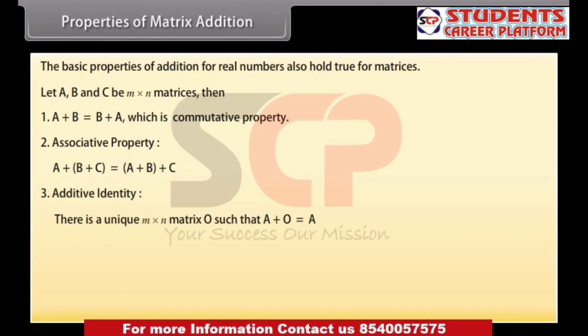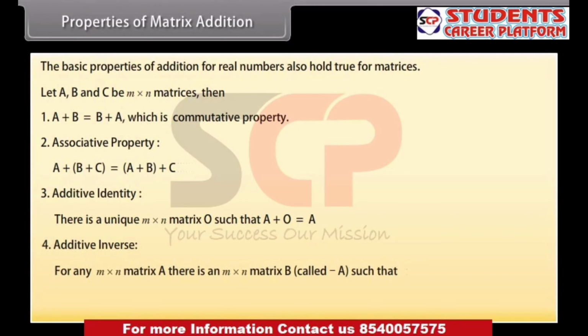There is a unique m by n matrix O such that A plus O is equal to A. Addition inverse. For any m by n matrix A, there is an m by n matrix B called minus A such that A plus B is equal to 0.